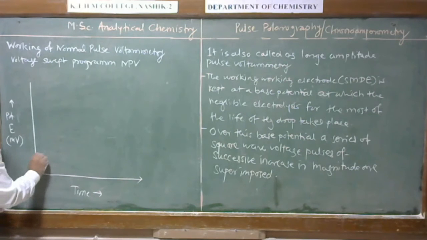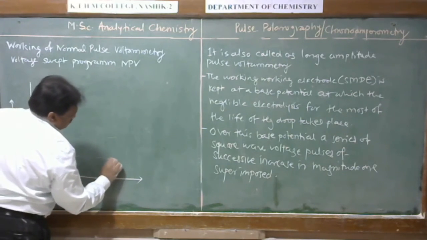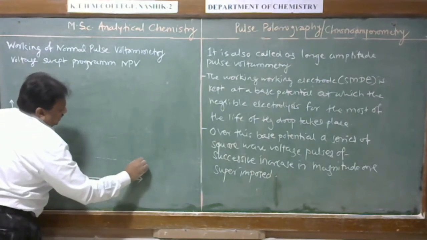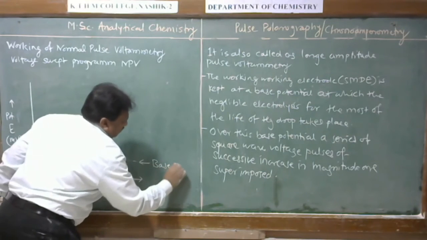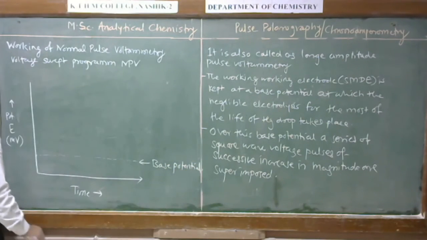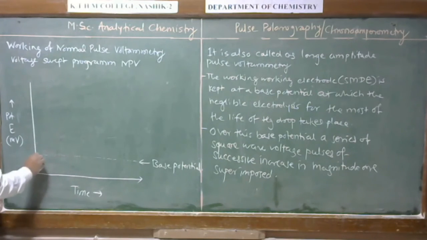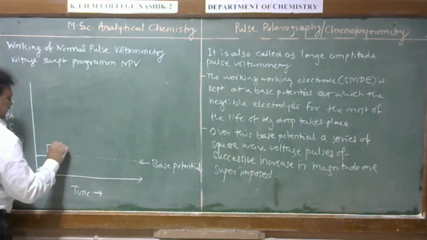This is the minimum potential applied to the working electrode, which we call the base potential. Over this base potential, a potential pulse is applied for some instant.